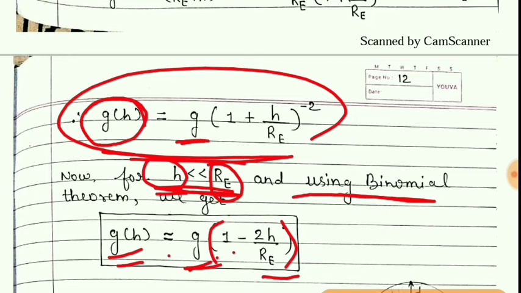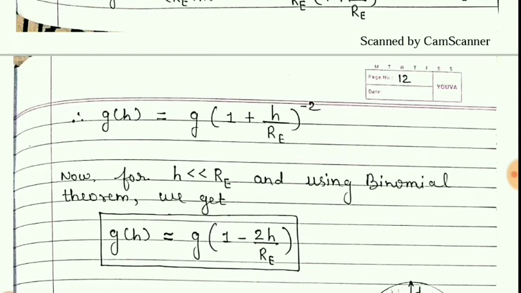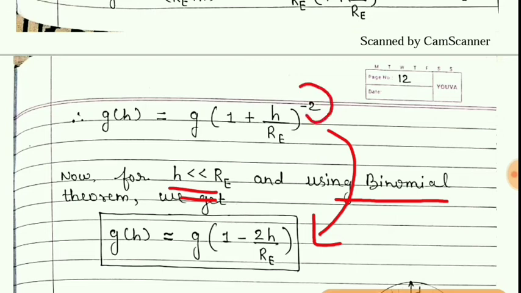In a simple way, you can remember that when you use the binomial theorem for this condition, then you can write this step by simply remembering that this minus 2 is just multiplied here in the second term.